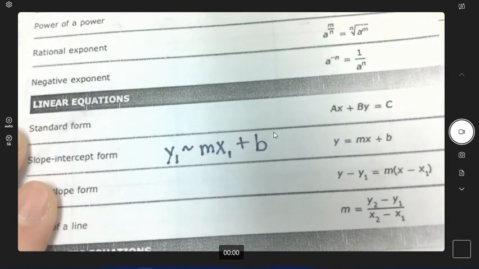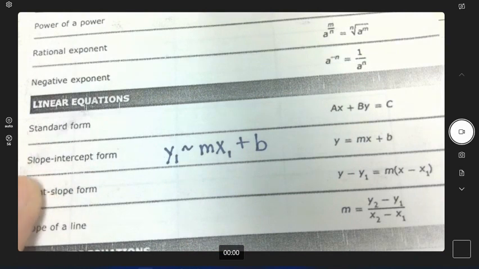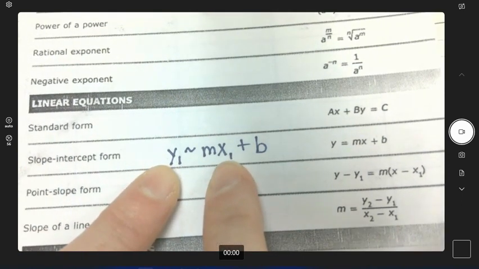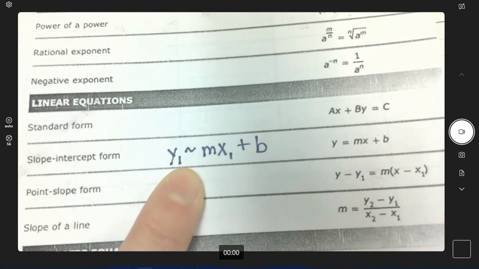Put that on your formula chart. So you don't have to memorize the regression equation. All you have to memorize is that you change your x and y to have ones. You change your equal sign to have squiggly.